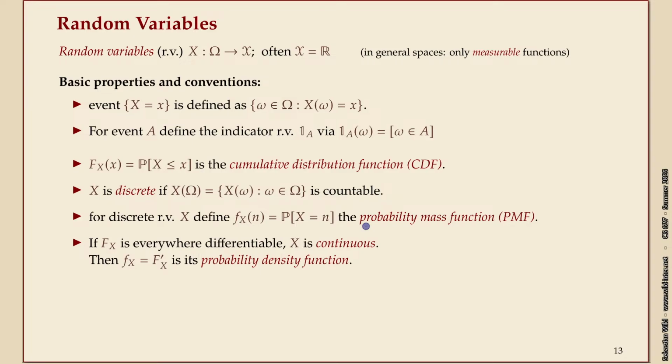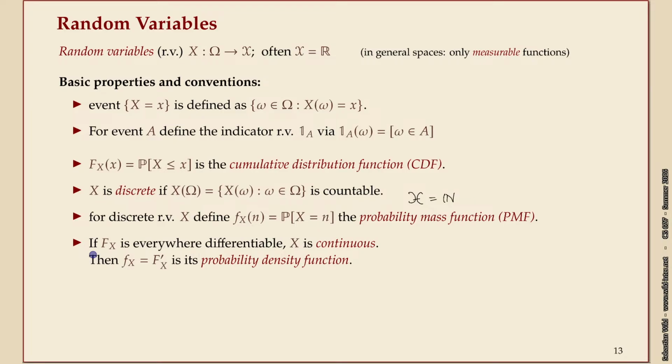You can define the probability mass function. It's just for all the values in your universe here. Suppose that's discrete. So if say that calligraphic X is the natural numbers, then you could define something like this. Just the probability to have a certain value, and that completely describes the probability distribution, the random distribution.